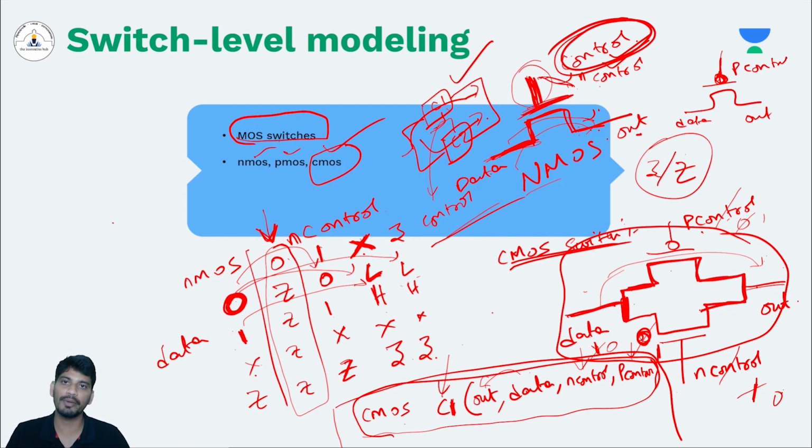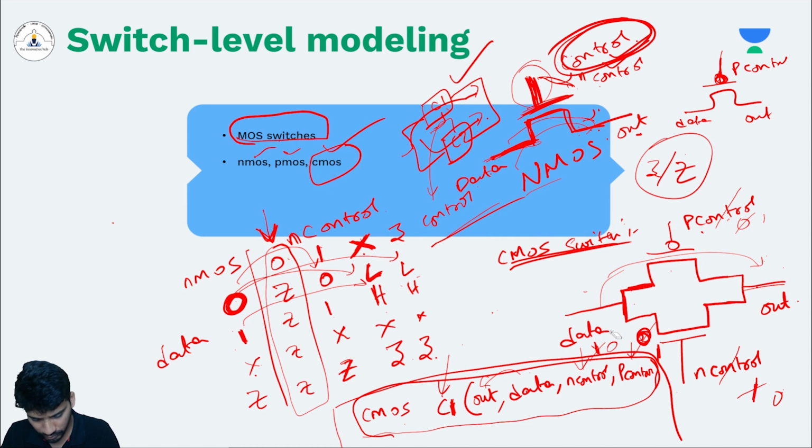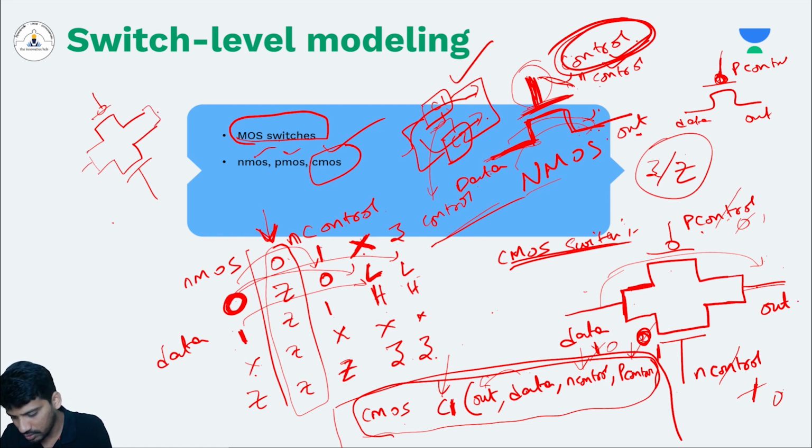You can do the same operation by using two switches, PMOS and NMOS, like this, because the same circuit can be drawn like this. You have one PMOS and one NMOS, and if you properly connect these nets, let's say these two nets are equal to data and these two nets are equal to output.